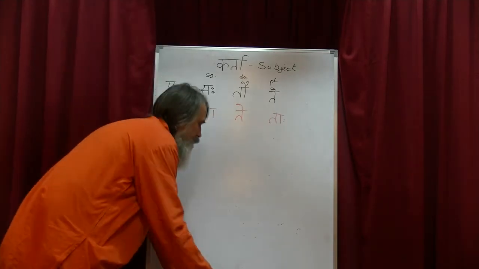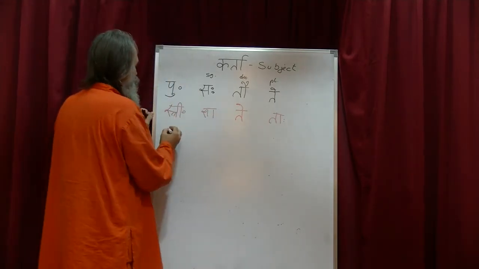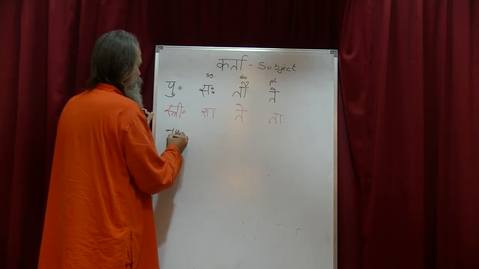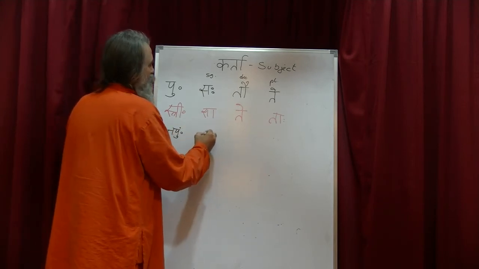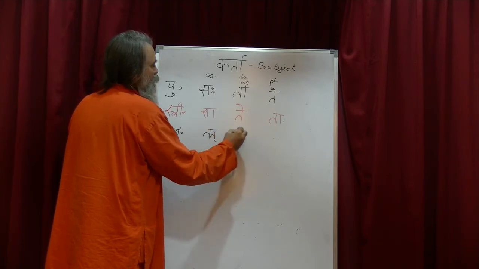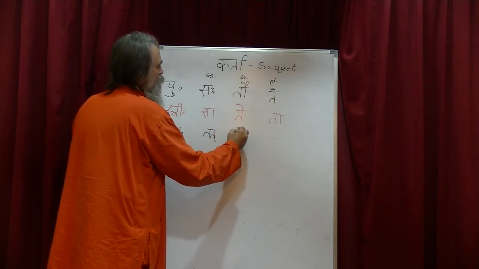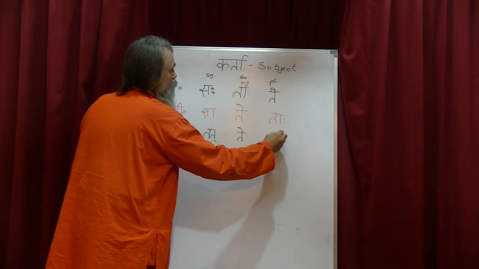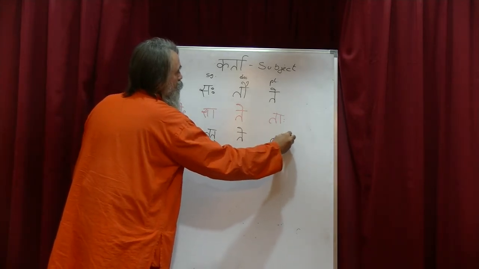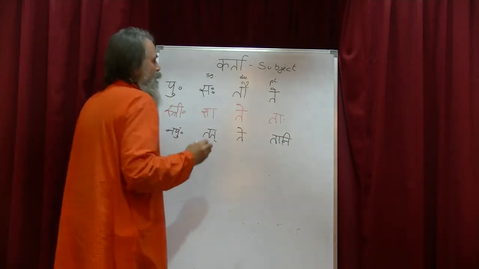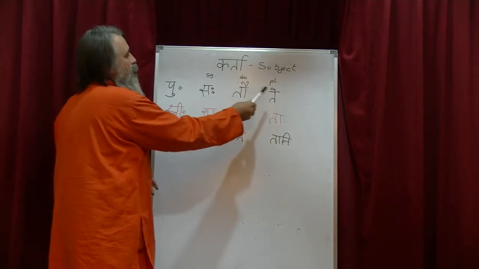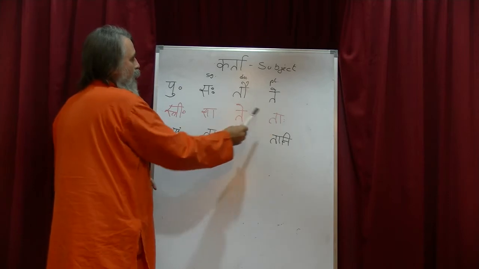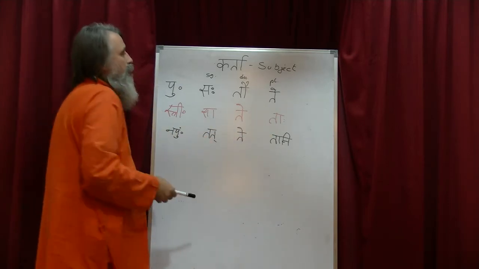And then in the neutral, which is called napusangling, tat, te, tani. Saha, tau, te, sa, te, taha, tat, te, tani.